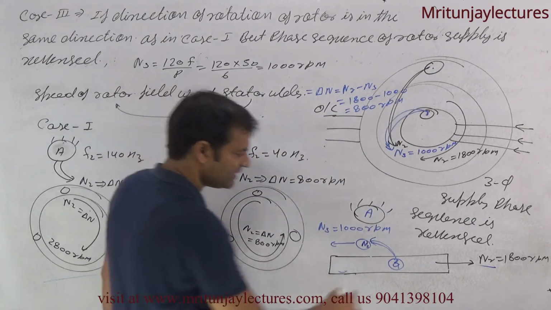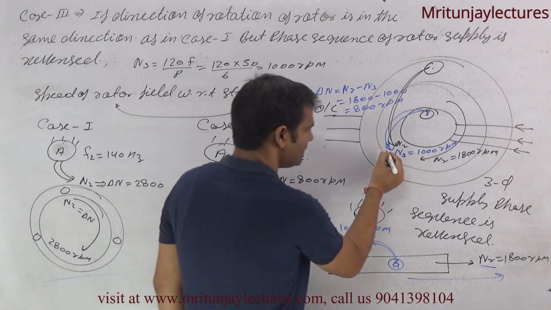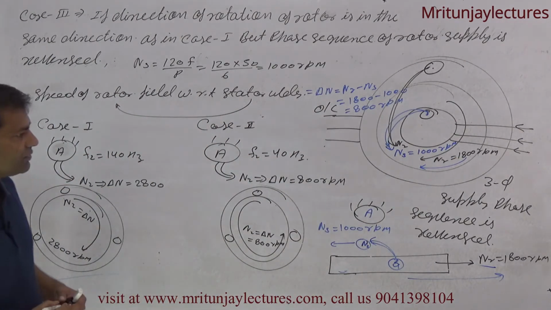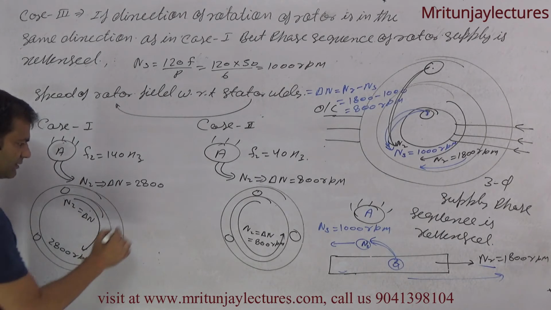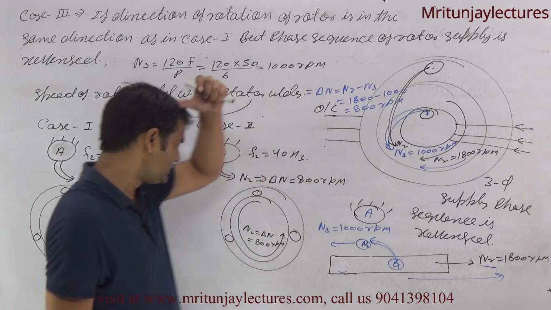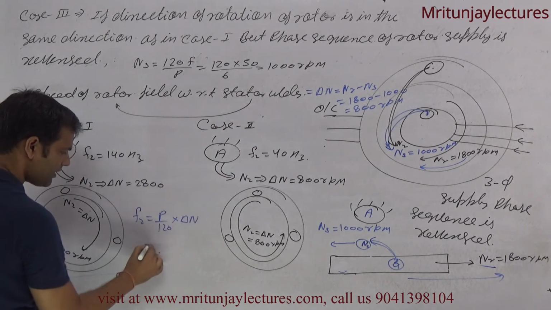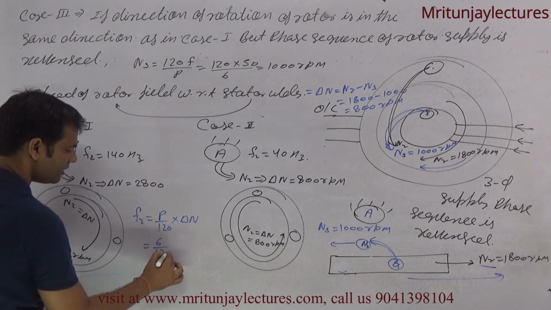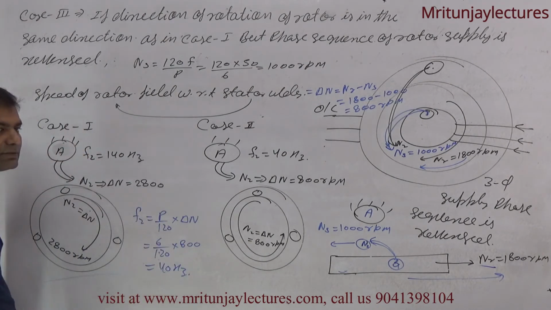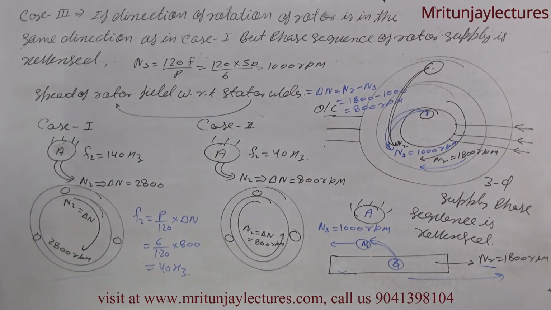It is positive, it means the direction of rotation is like this one. Clear? So first of all, what about the frequency induced in the stator? P divided by 120 into delta N. P is 6 divided by 120, N is 800, that is 40 Hz. Clear? That is 40 Hz.